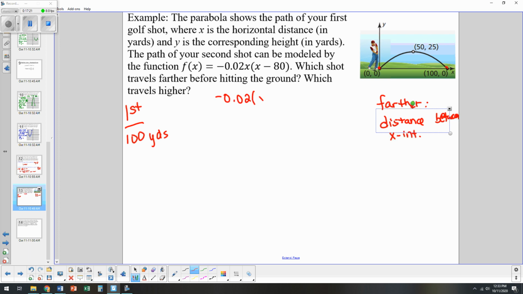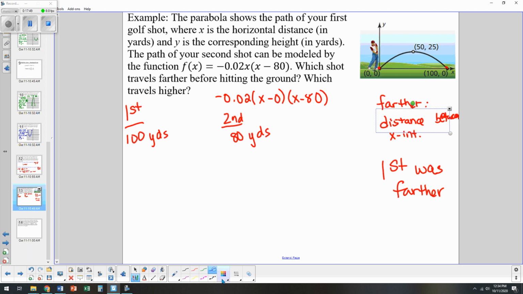This x is really saying x minus 0, and the second one was x minus 80. So we're really finding the difference between 0 and 80. So my second shot traveled 80 yards. So we can already answer the first one. Which shot traveled farther? The first shot traveled farther, because it was 100 yards compared to 80.